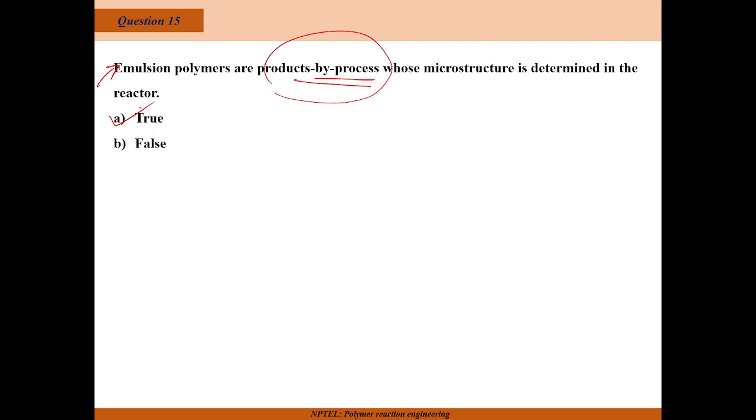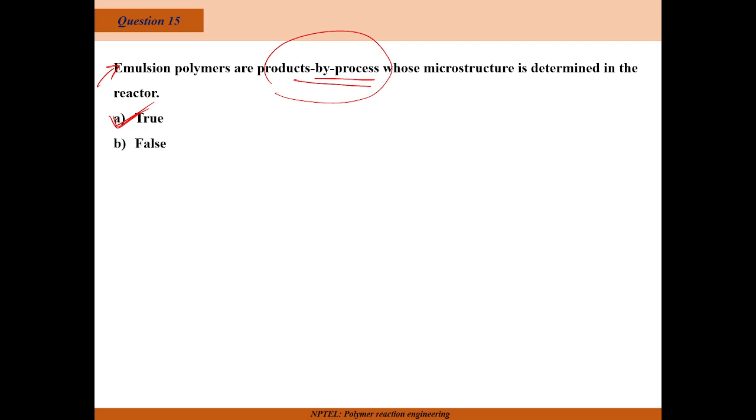So the answer to this question is that the word product by process indicates the polymer is formed as a product of some process. The product is dependent on the process.